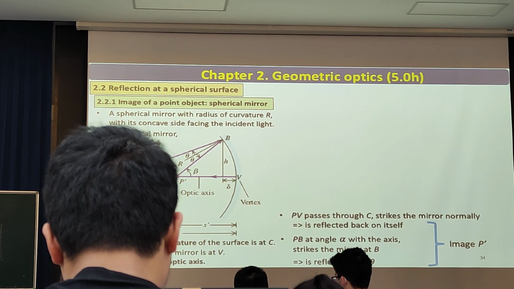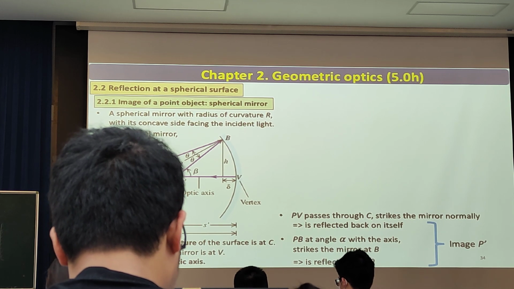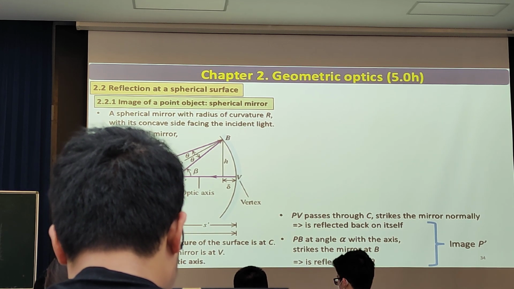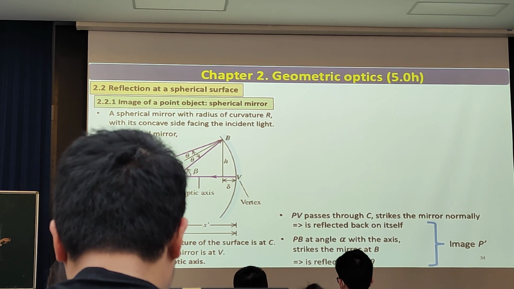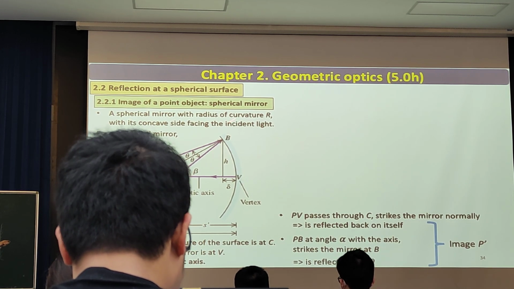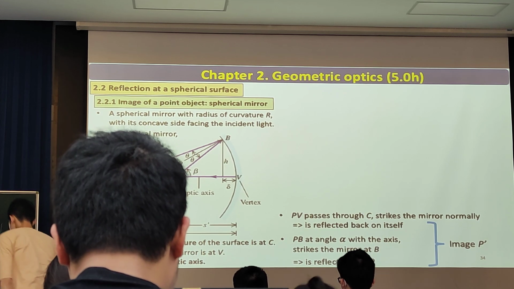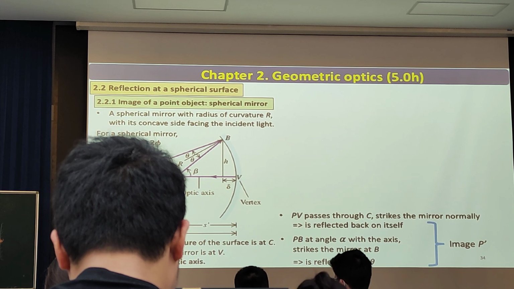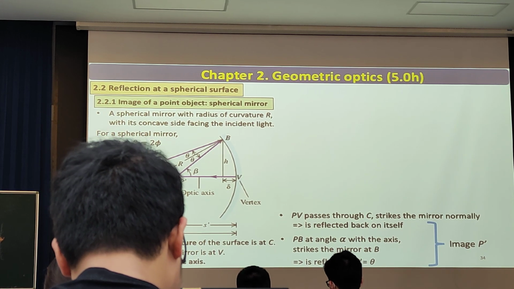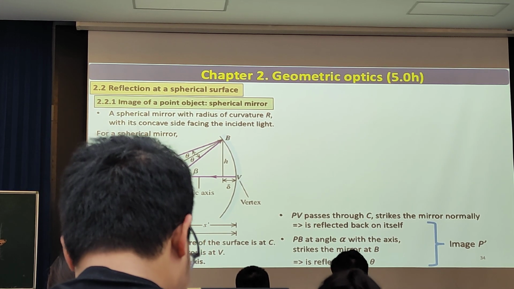So theta, theta, here's alpha, and here's beta, and here is phi. And if we look at two triangles, PCB and also BP prime C, you can find the relationship alpha plus beta equal to phi.